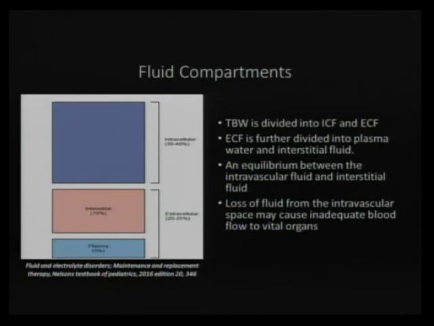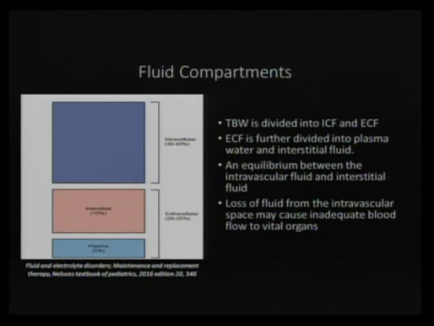So, talking about fluid compartments, total body water is divided into two main compartments, intracellular fluid and extracellular fluid. The ECF is larger in the fetus and newborn, but during the first year of life, the ECF and ICF approach adult values. The ECF is about 20% of total body weight, while the ICF is 30 to 40% of body weight.